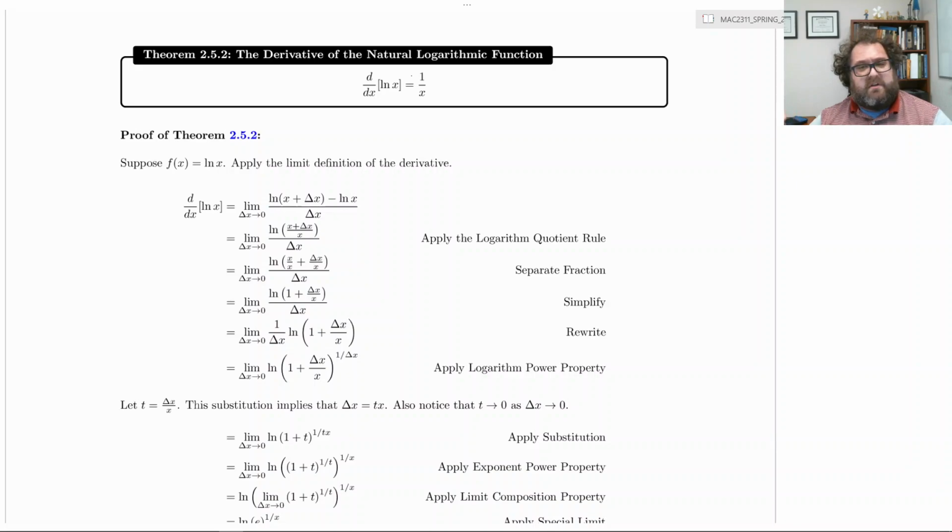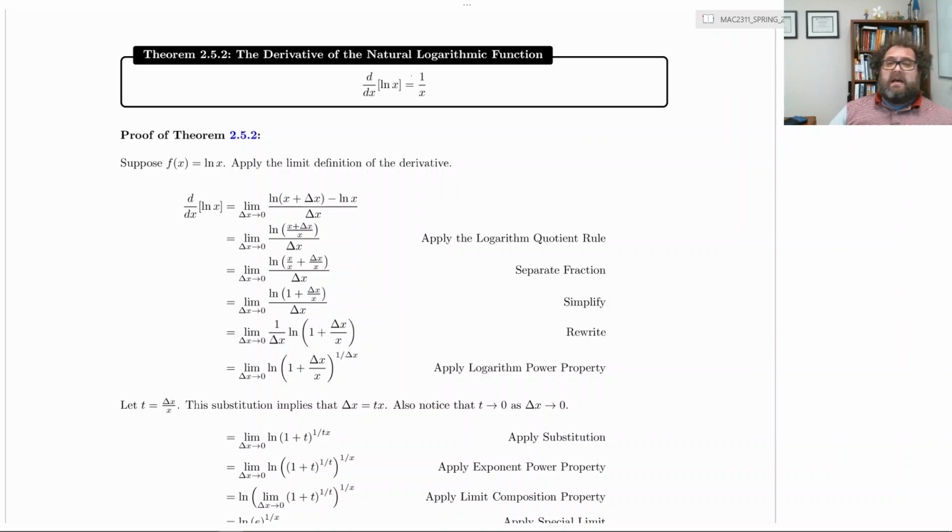But its derivative is 1 over x, which is a pretty basic, algebraic function. So that's interesting to me, that the derivative of the natural logarithm does not have logarithms in it. To me, that's unexpected. I think it's a pretty cool little property.